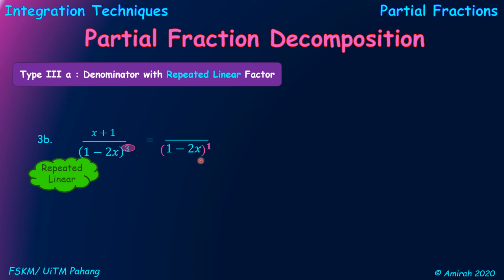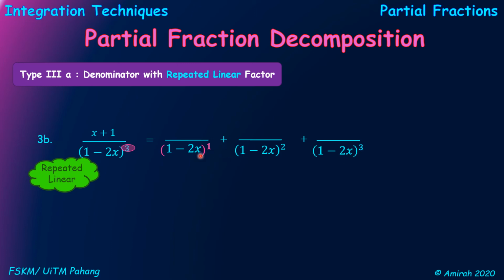Actually, we have bracket to the power of 1, but no need to write it. Then plus, the second denominator should be (1 minus 2x) bracket squared. And the last denominator should be (1 minus 2x) bracket cubed.